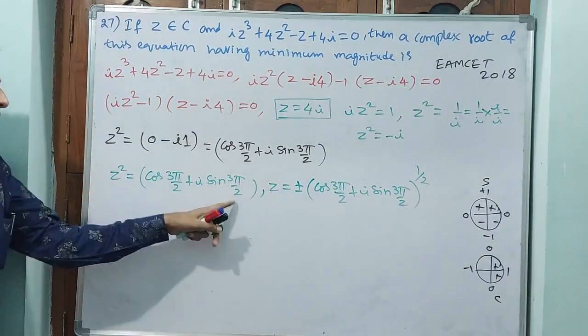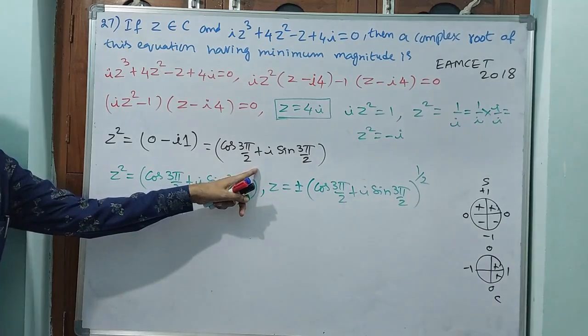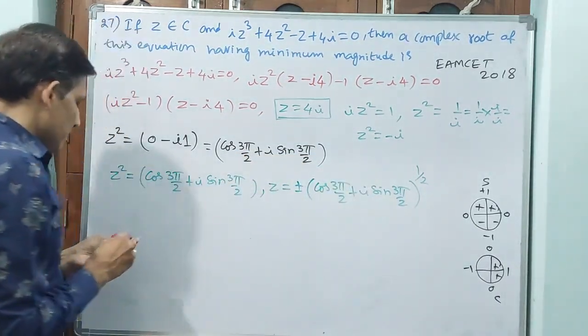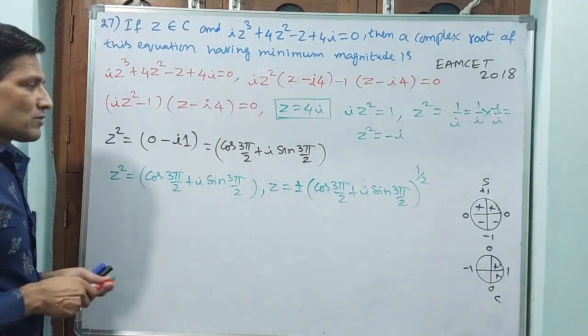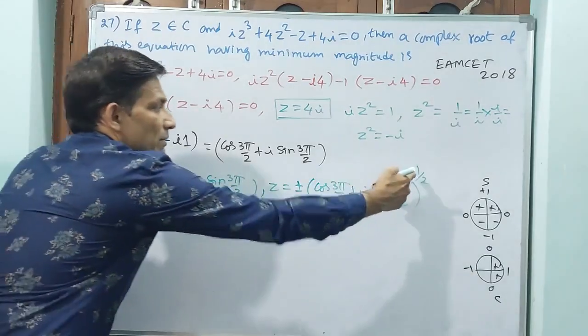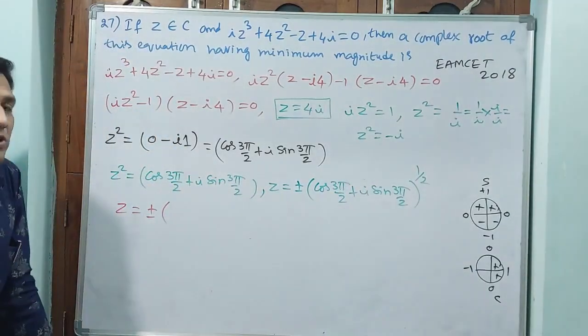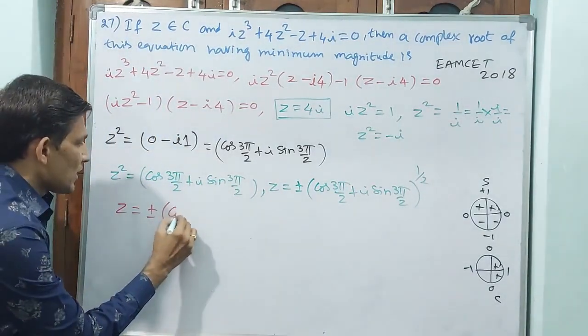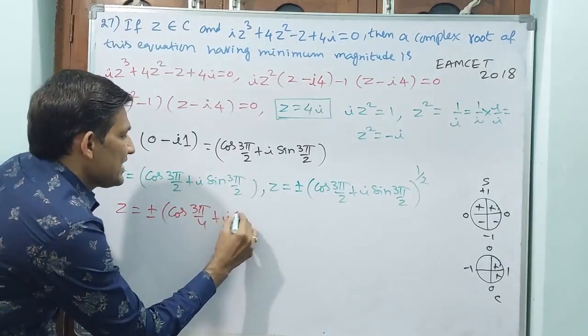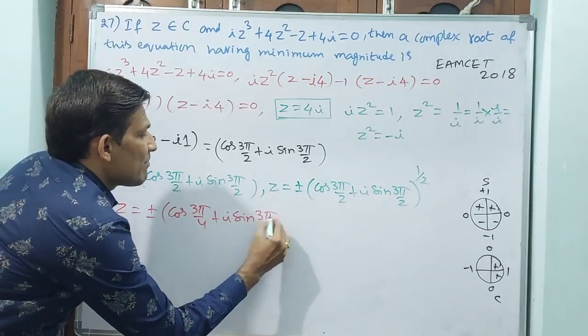If you send the square to this side, it becomes power 1 by 2. But we know De Moivre's theorem, so with 1 by 2 we get 3 pi by 4: cos 3 pi by 4 plus i sin 3 pi by 4.